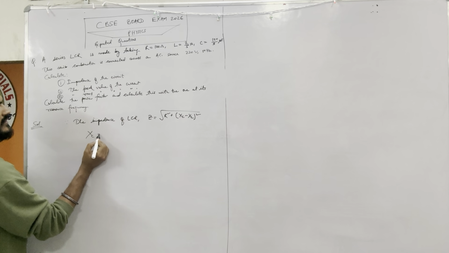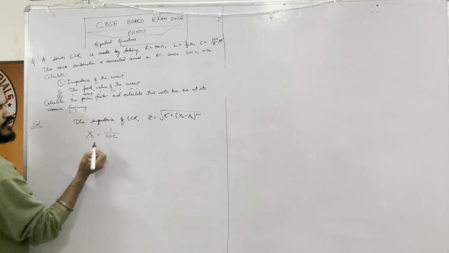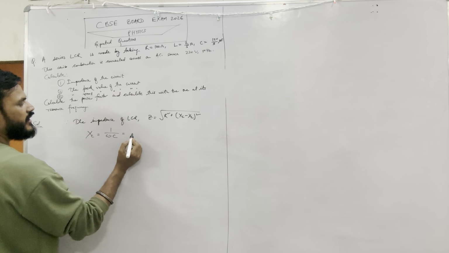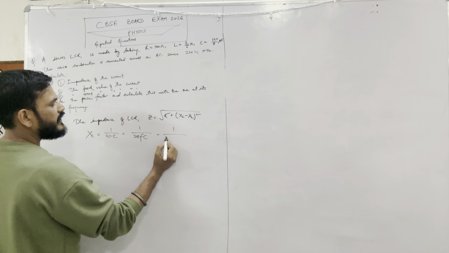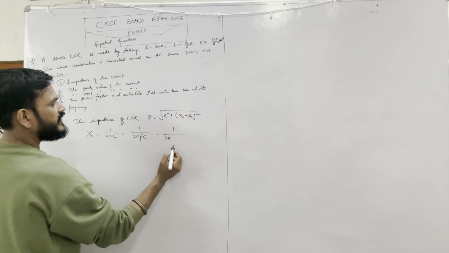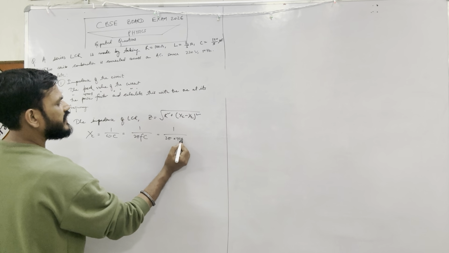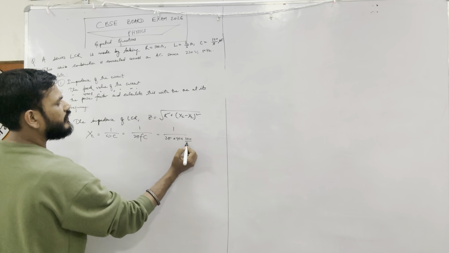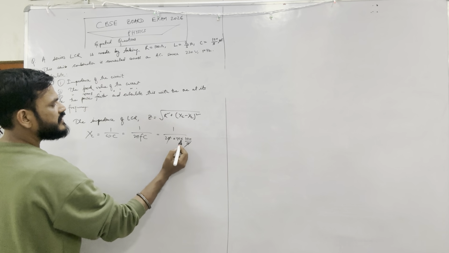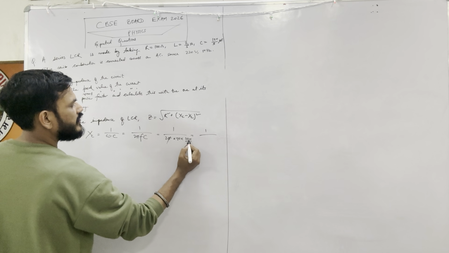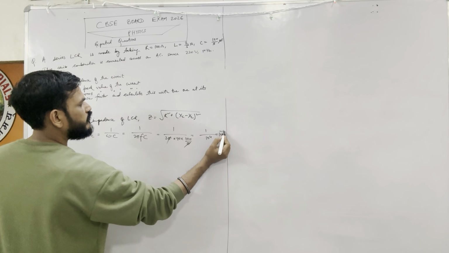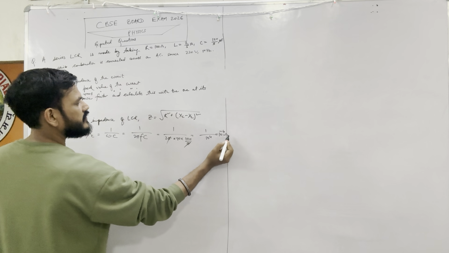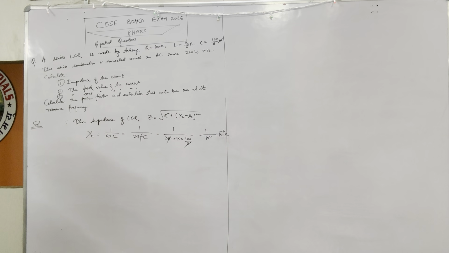What is X_C? 1 by omega C. Now omega is 2 pi f, so 1 by 2 pi f C. Frequency is 50 Hz, and C is 100 by pi. Pi gets cancelled, and you have 1 by 100 into 100, 10 to the power 4, that means 10 power minus 4 ohms. So the unit of impedance is ohm.